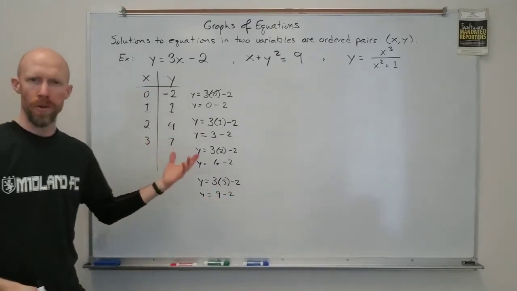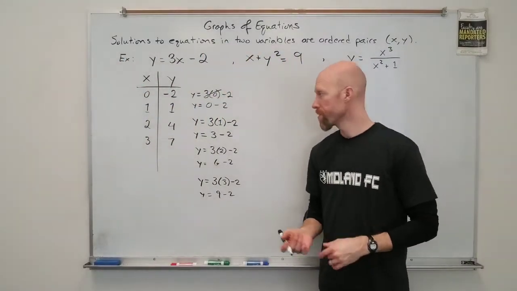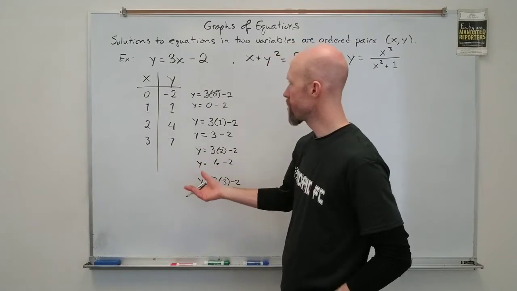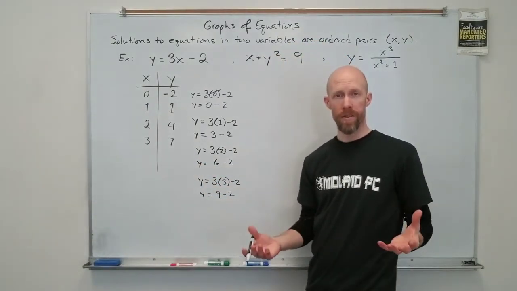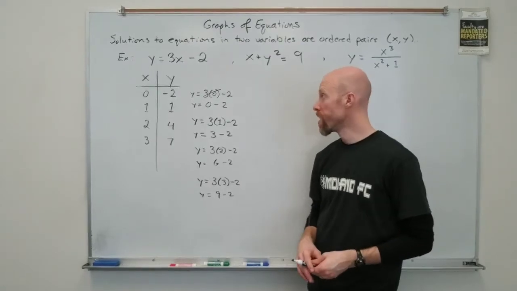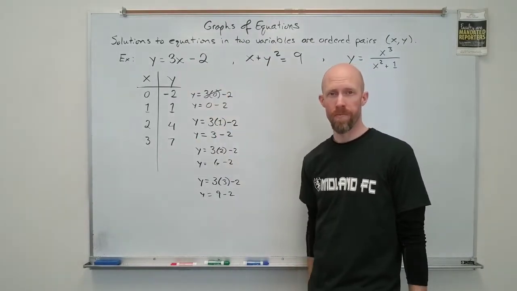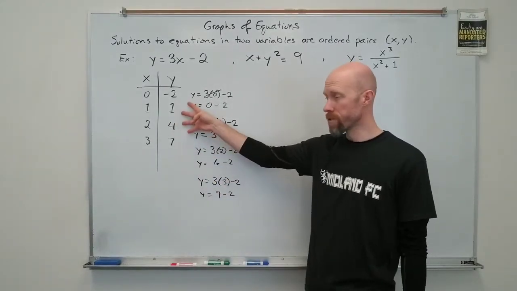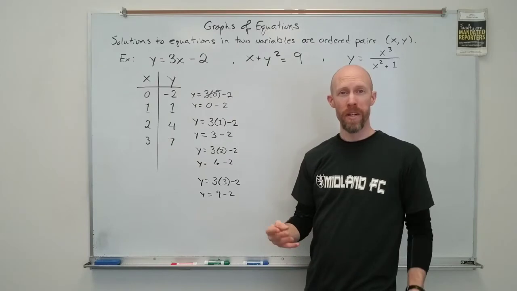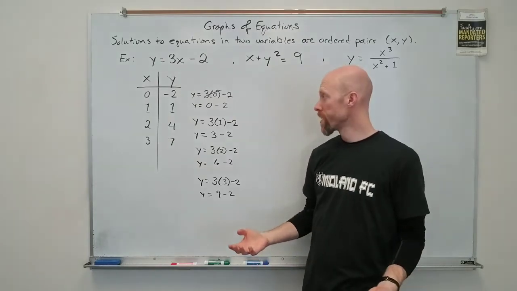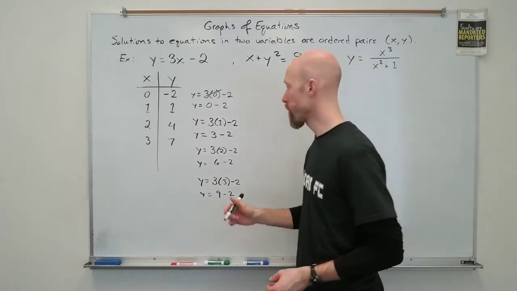So we have some points that we can now put on the graph, and that can help us in finding the entire graph. The entire graph involves all of the infinite number of ordered pairs that solve this equation. I've only found 4 of them, but even though it's 4 out of an infinite number, these 4 should be sufficient to give me a pretty good idea of what that graph looks like.